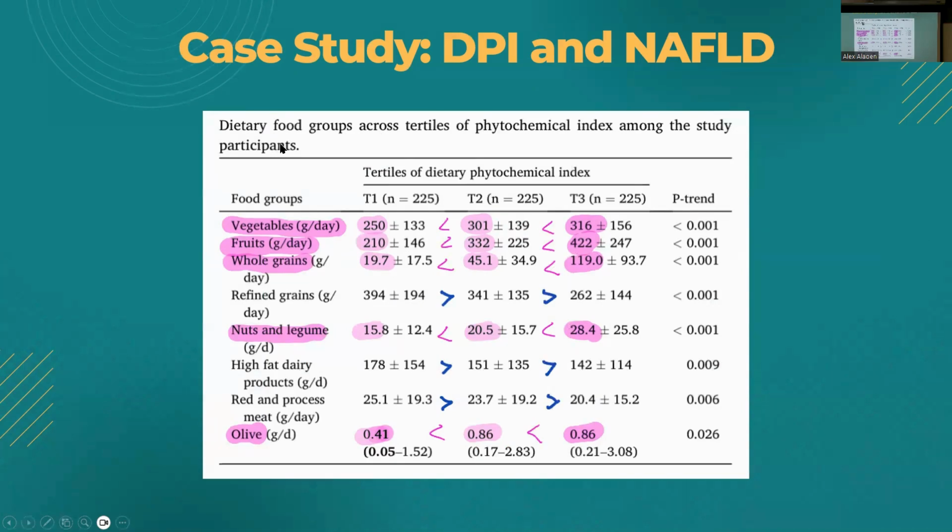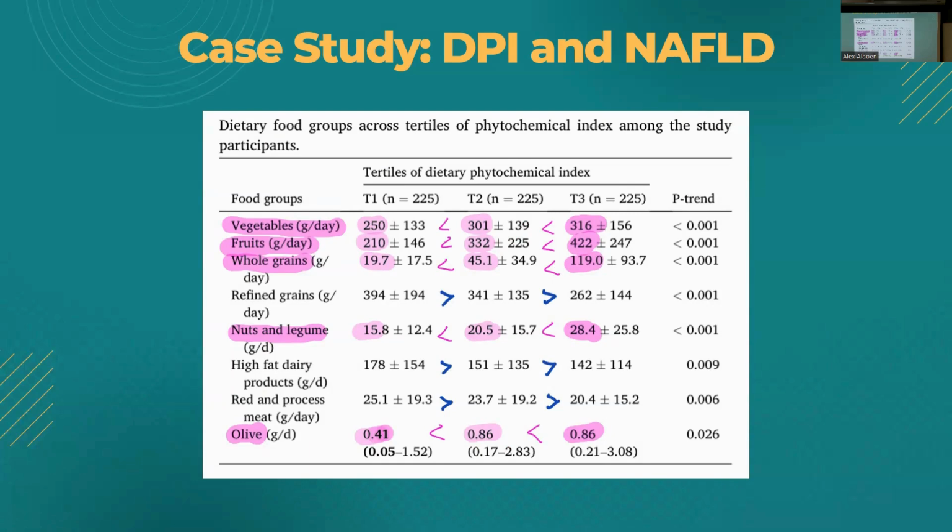This was a case-control study of 225 people with non-alcoholic fatty liver disease, and it also included 450 control patients. This found a high association between the consumption of phytochemicals and a decreased risk of having non-alcoholic fatty liver disease.